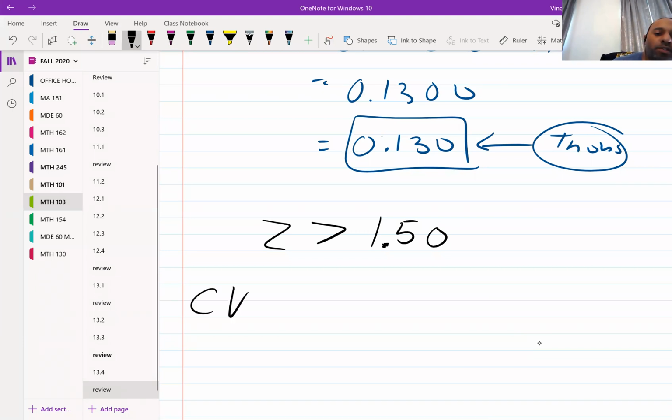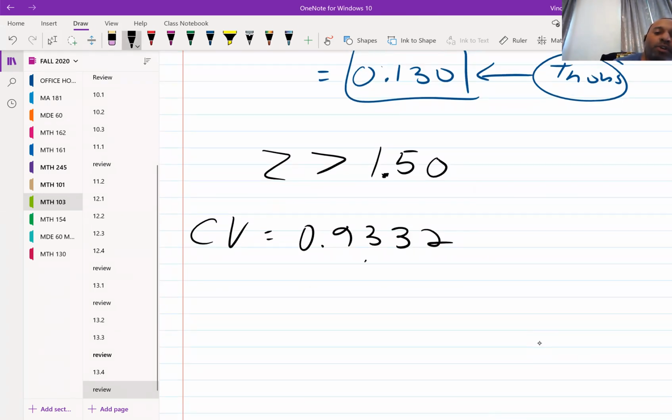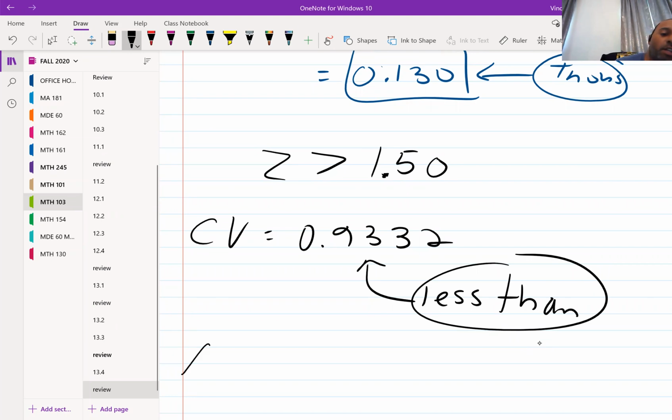So the chart value is 0.9332. Now, remember, whatever the chart value is, for the chart that I gave you, not the book's chart, that always represents less than, but you want more than.